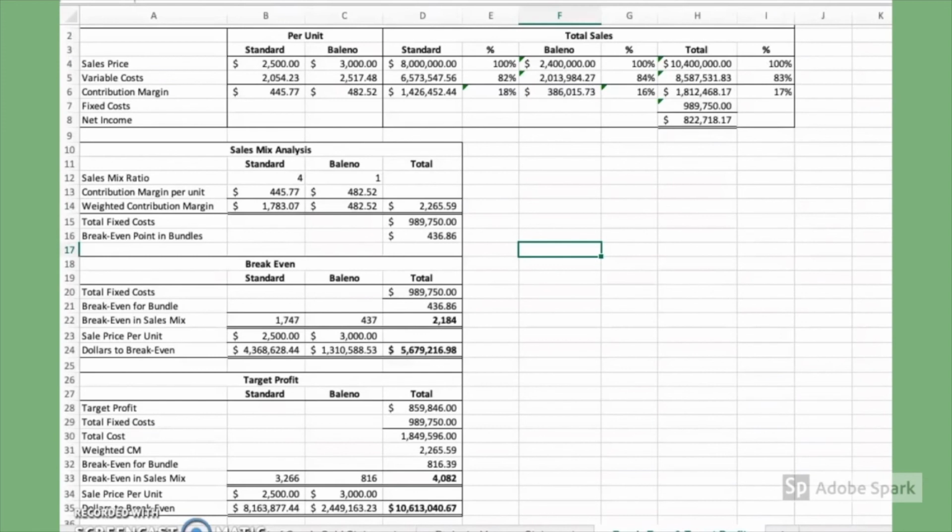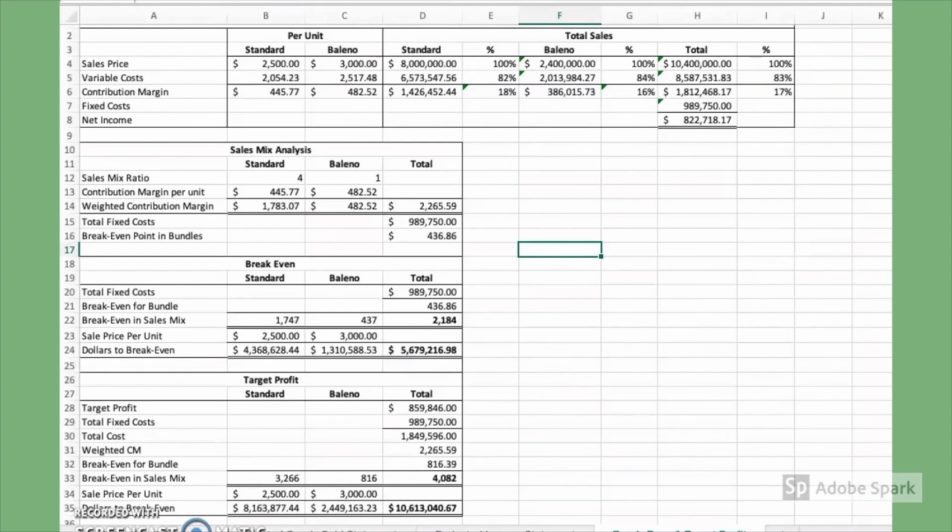To calculate these, you first must calculate the contribution margin. Our calculation for contribution margin can be seen in the top box. So we're going to be focusing on the per unit contribution margin. For the standard model, each one sells for $2,500, and for the Baleno model, it sells for $3,000.